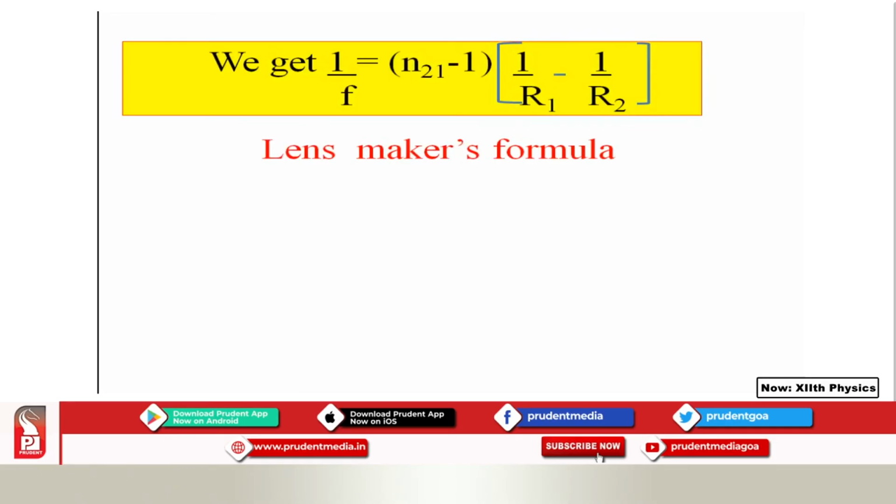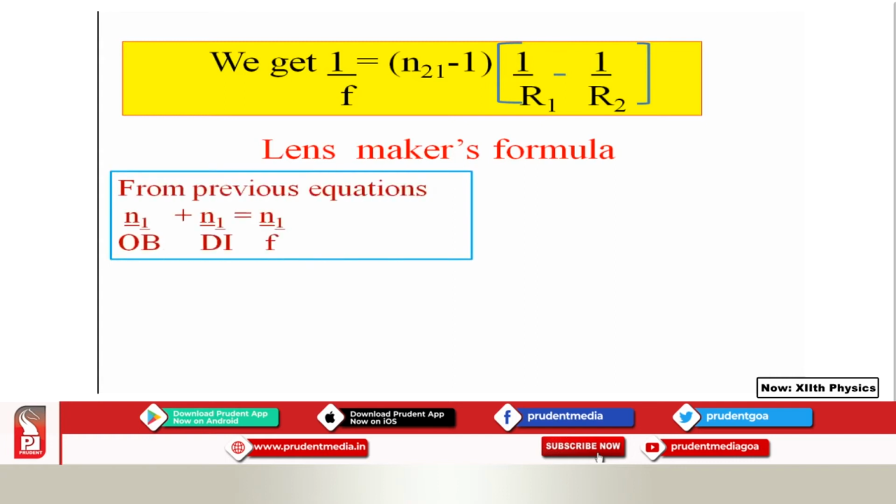That is, this is your famous lens maker's formula. It says 1 by f equals N21 minus 1 into the bracket 1 upon R1 minus 1 upon R2. So, this is your lens maker's formula. Very important, students, you need to keep this in mind.